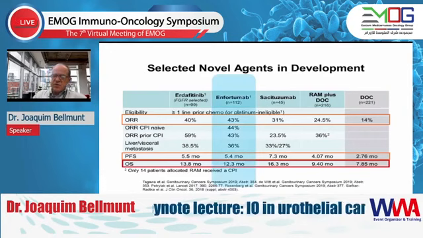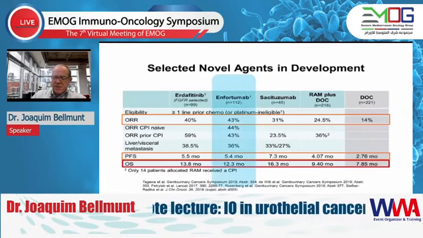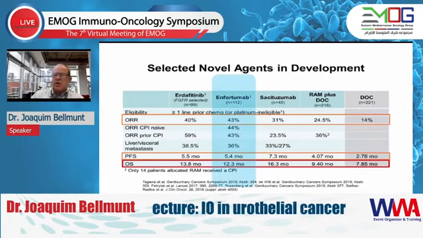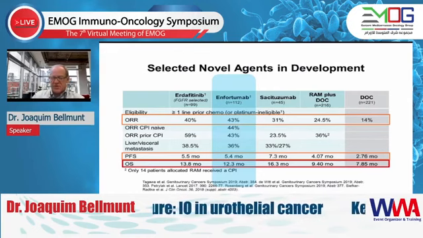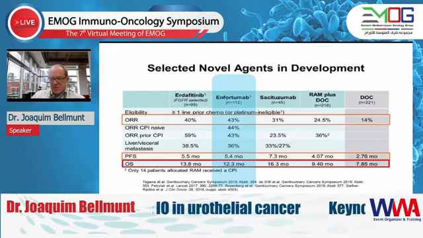And here you can see the results with enfortumab. In an unselected patient population, in the phase 2 trial, we saw, again, 43% responses, median survival of 12.3 months.